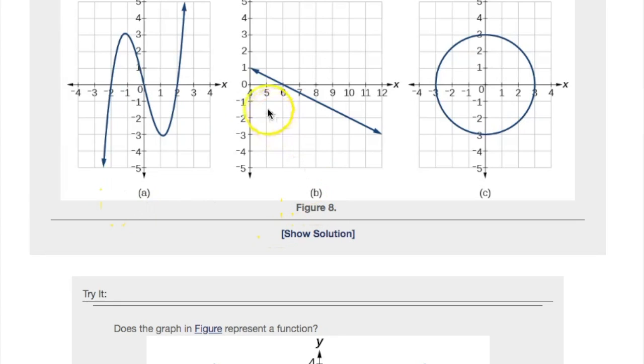In B, drawing horizontal lines through this graph, each horizontal line crosses the graph just once. So B is a one-to-one function. And in C, if we draw a horizontal line through the circle, the graph will cross this horizontal line in more than one spot. So C is not a one-to-one function.